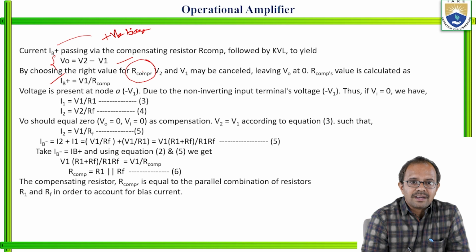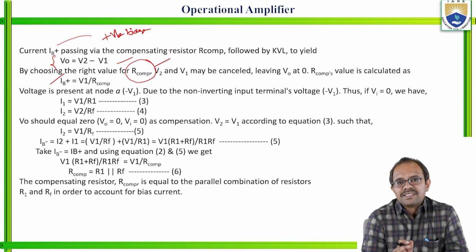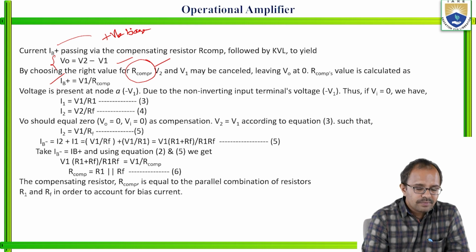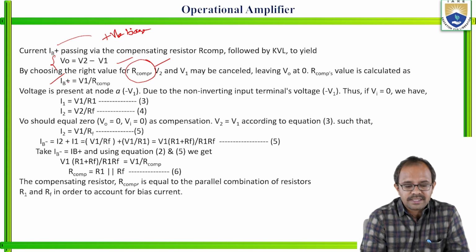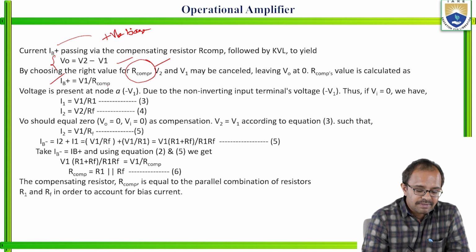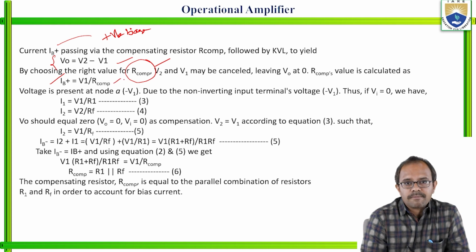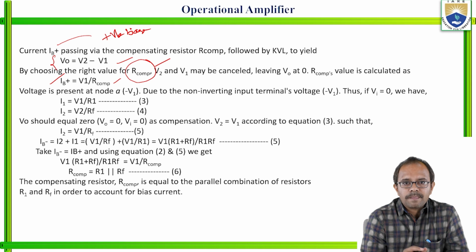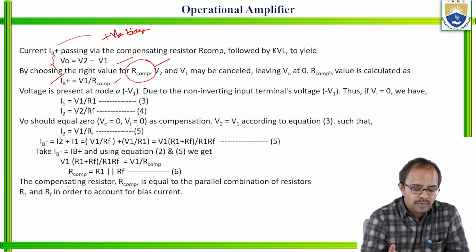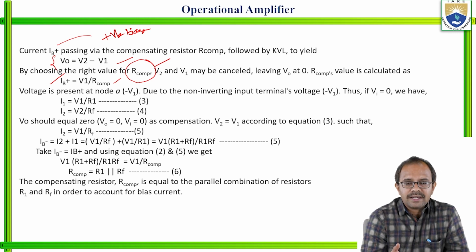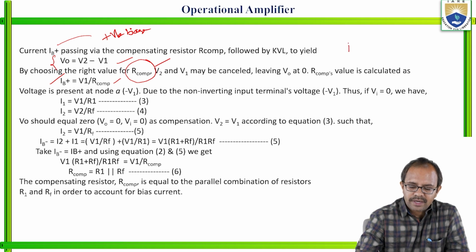So this R comp, the compensating resistance, will affect the bias current, that is IB plus, which is given by V1 by R. That is the general notation. The biasing current through this is usually V by R. What is the expression for I?